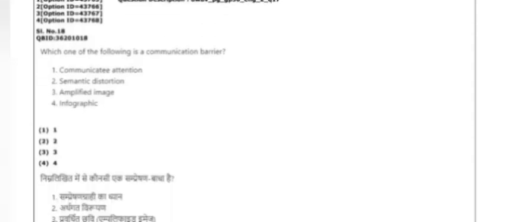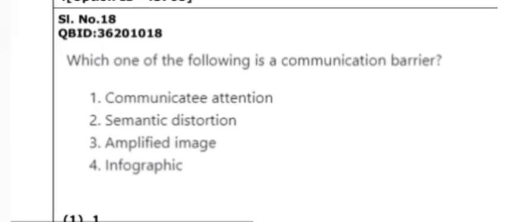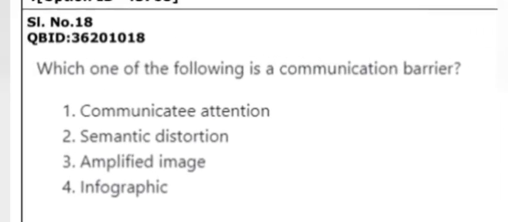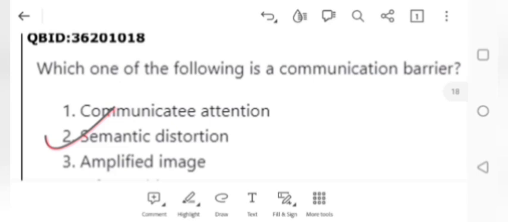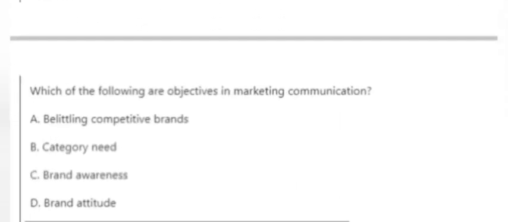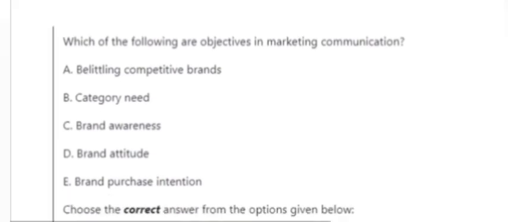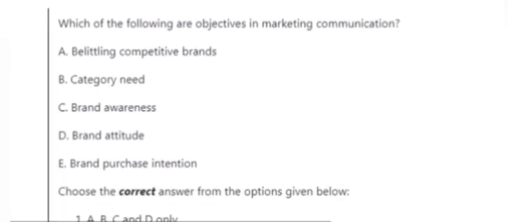Number 18. Which one of the following is a communication barrier? Communicative attention, semantic distortion, amplified image, infographic. It will be semantic distortion. Next, number 19. Which of the following are objectives in marketing communication?